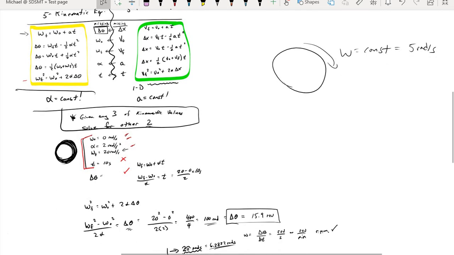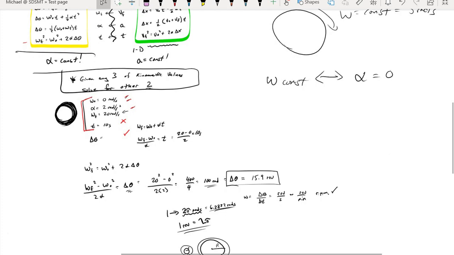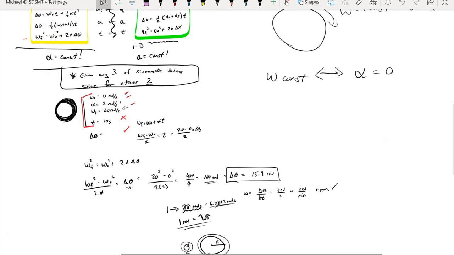Well, a constant velocity implies 0 acceleration. If your velocity is not changing, then your acceleration has to be 0.